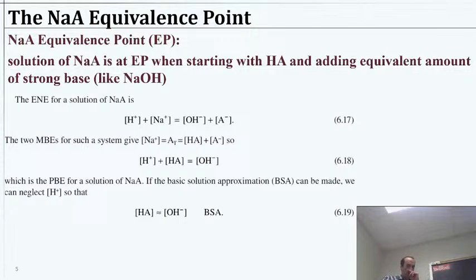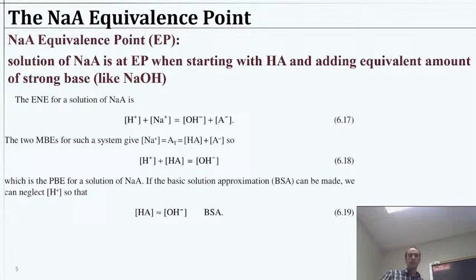Okay, so I've basically already said just about all of this, but I'm going to elaborate a little bit. Here's the electroneutrality, mass balance, and proton balances for the HA equivalence point. Here's the NaA equivalence point.